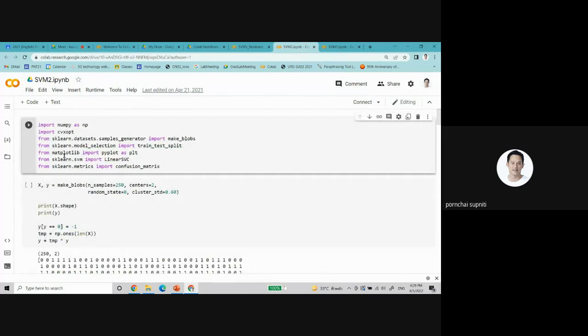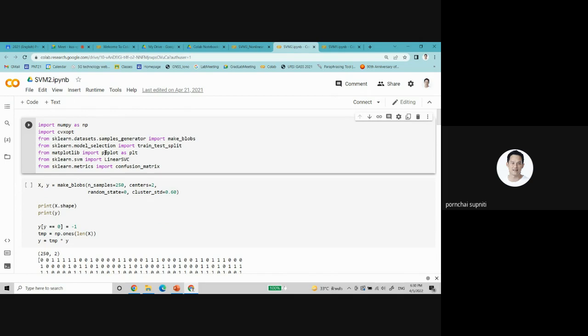So here it's quite similar to last time. Last time, when we used this type of library for the decision tree, we imported sklearn, right? And we imported the decision tree classifier.